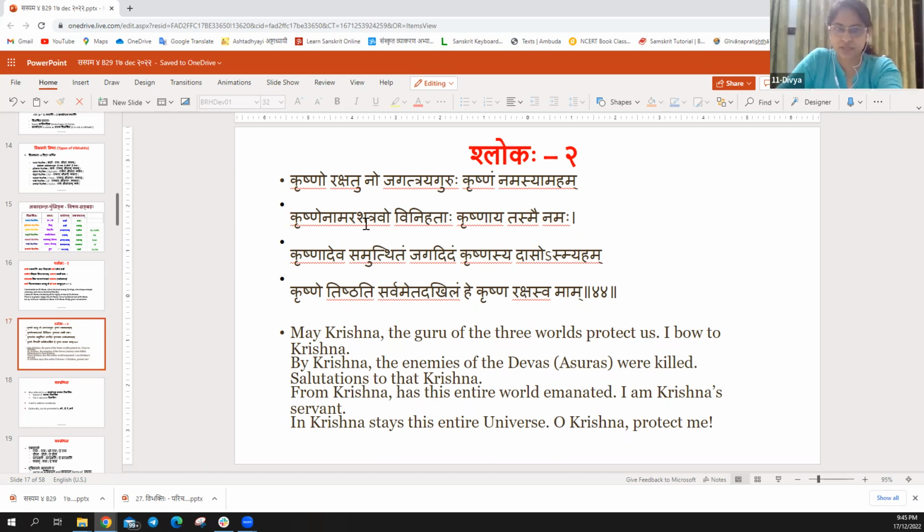Krishnena is the Tritiya Vibhakti. Then Krishnaya is 4, that is Chaturthi. Krishnat is Panchami. That will be Krishnat Eva. Then Krishnasya is Shashti Vibhakti. Krishne is Saptami. Hey Krishna. Confirmed.